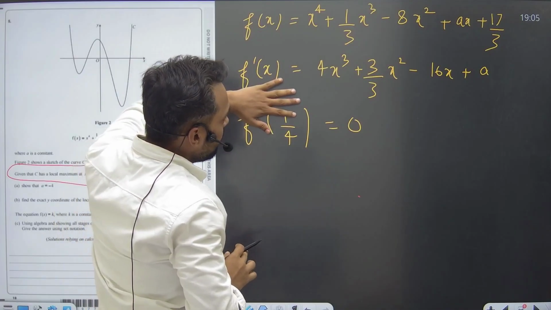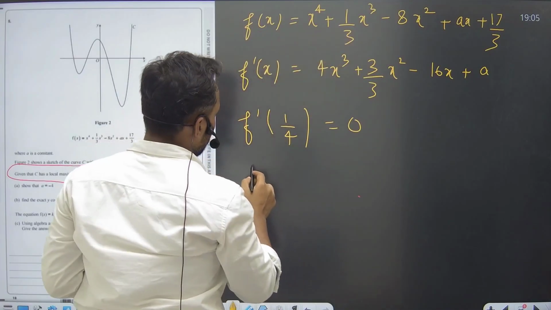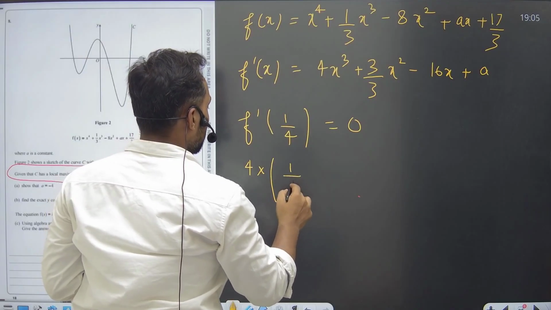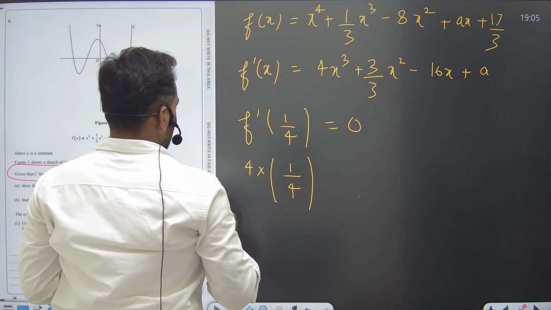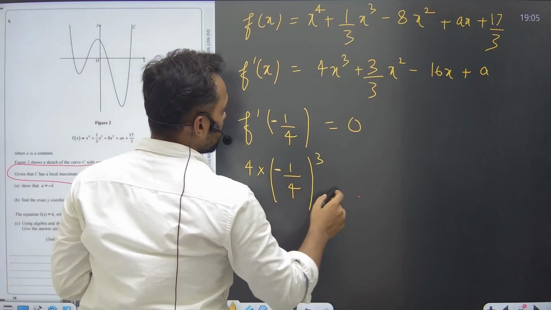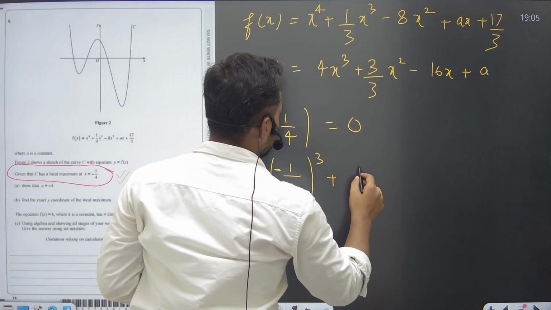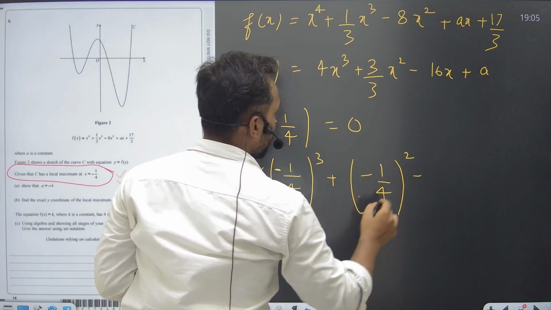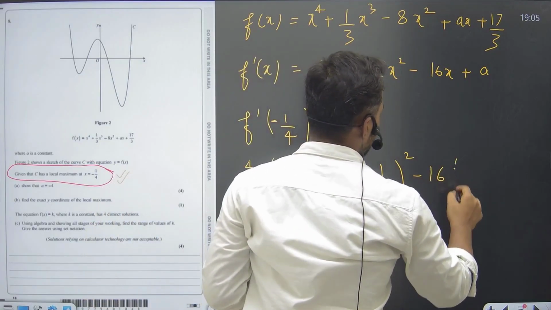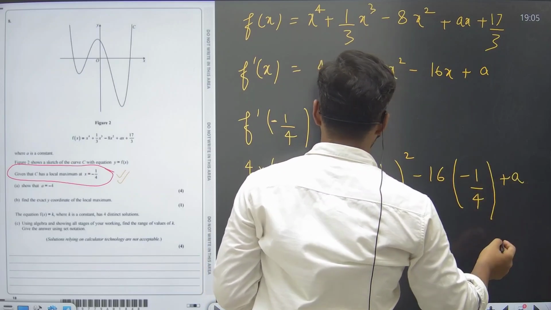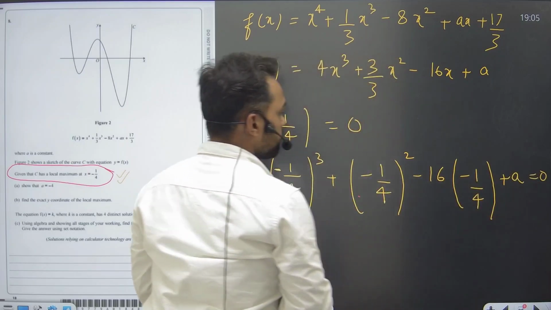So on plugging the value of negative 1 by 4 into x, what we will get: 4 times of x power 3, that is negative 1 by 4. Here it is negative 1 by 4, don't get confused. So negative of 1 by 4 cube plus of x square, that is negative of 1 by 4 whole square, negative of 16 times negative of 1 by 4. We are just plugging the values, students, equals to 0.